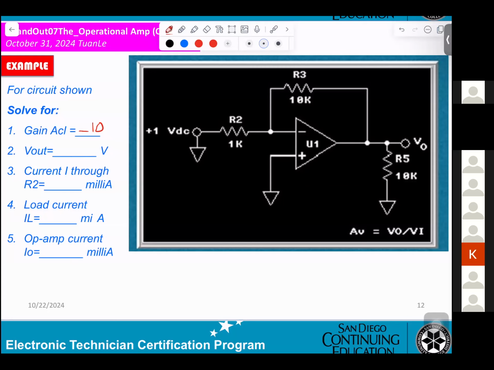It would still be negative 10, right? Perfect. Minus 10.